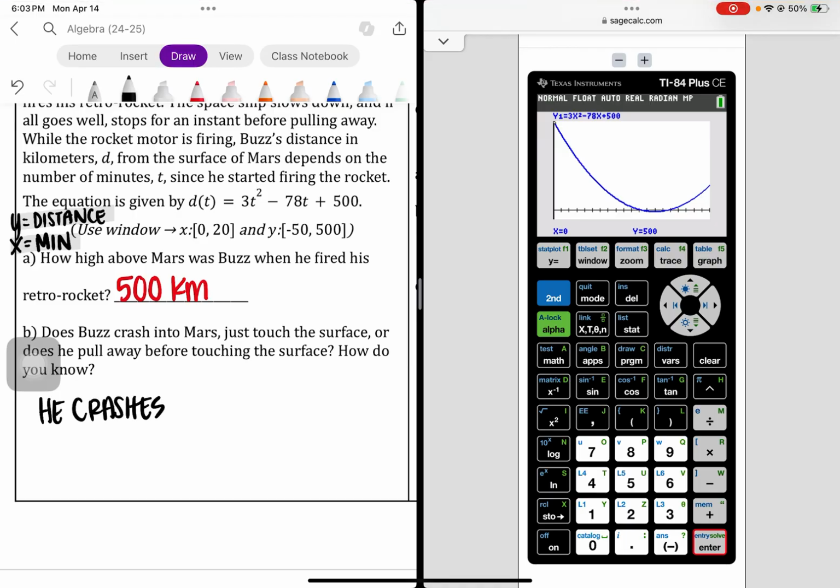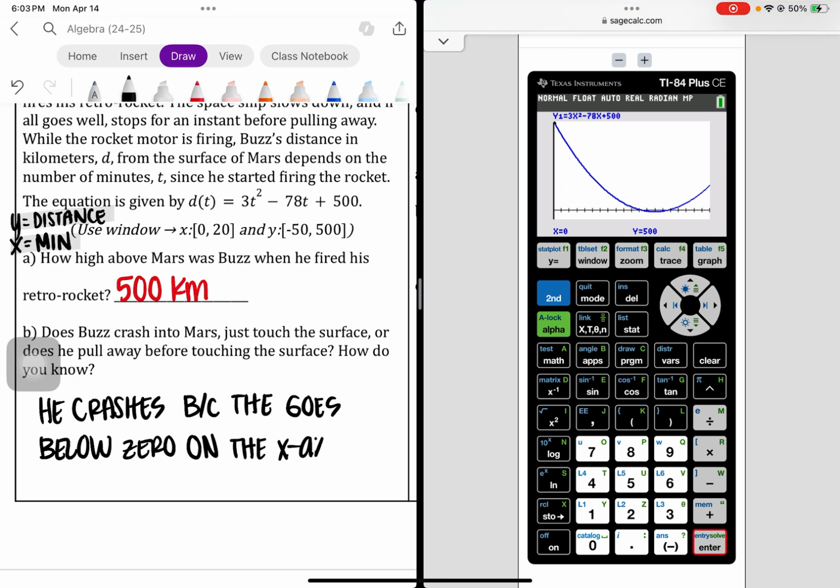And we know that because the graph goes below 0 on the x-axis, which is technically the ground.